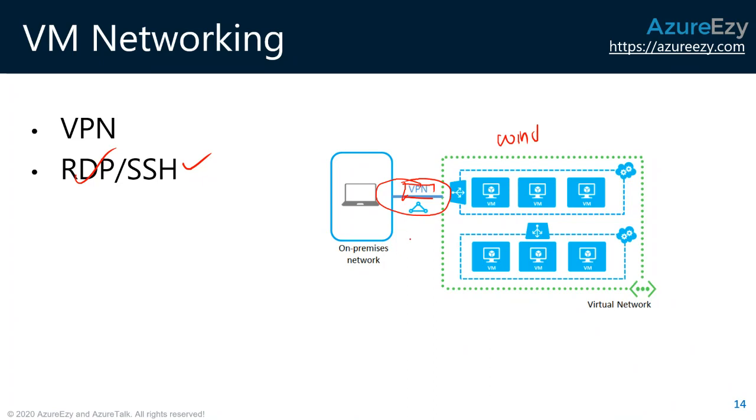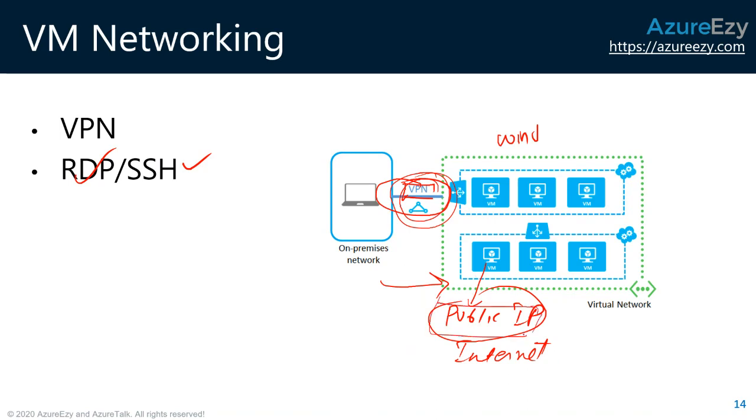But there are some other ways also. Without having VPN connectivity, you can still connect to this VM. That is called public IP. I'm not sure if it is there; if it will be there, then we'll be talking about it. But suppose your VM has a public IP, that means it is available on the internet. Public means internet. Now you don't need this bridge because this public IP is already on the internet.